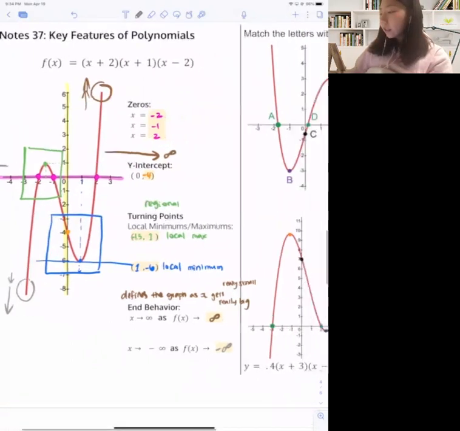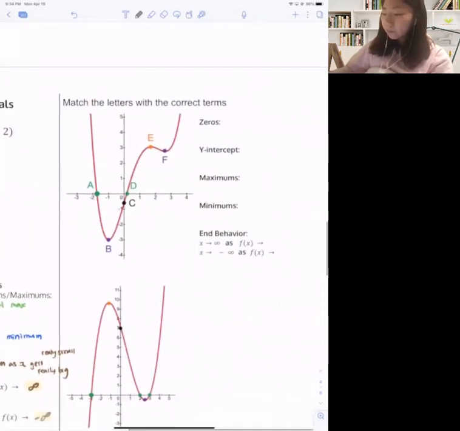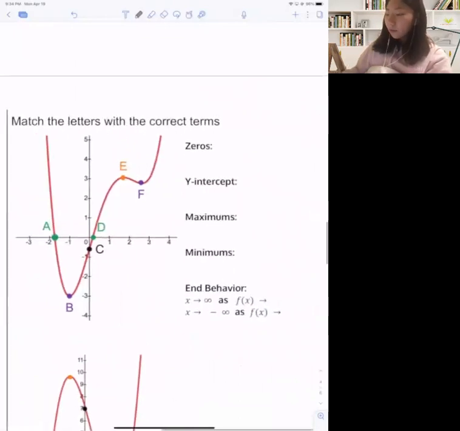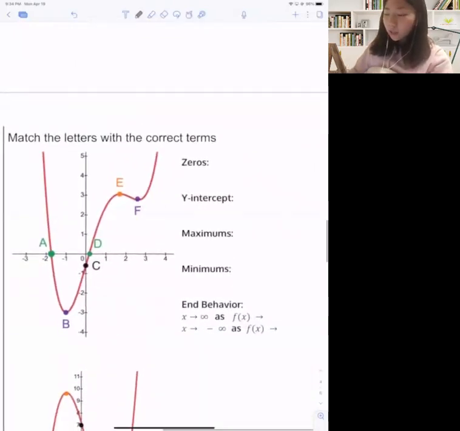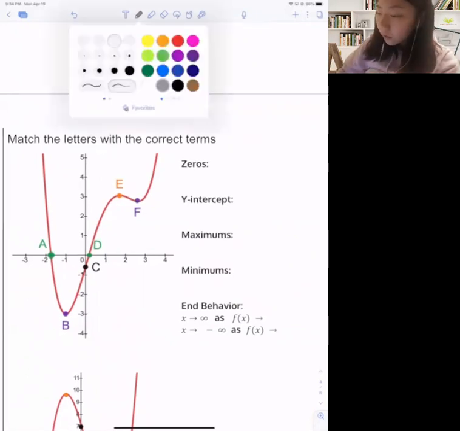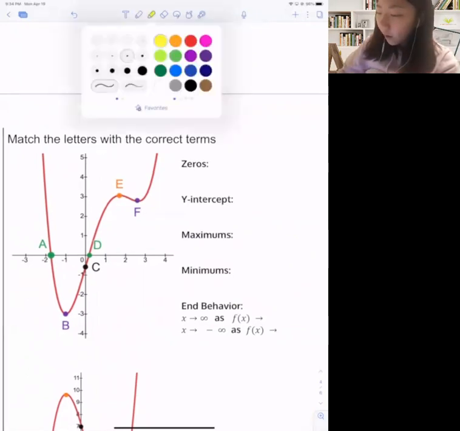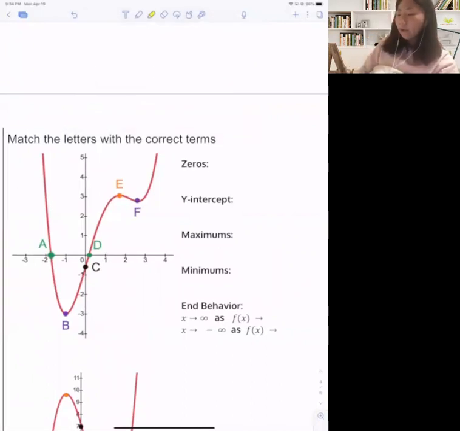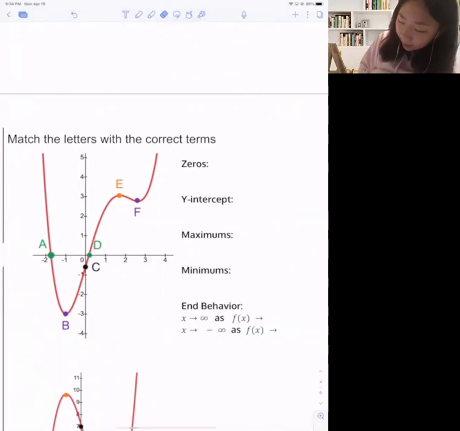Okay, let's look at our second example. The second example asks us to match the letters with the correct terms. Remember, for zeros, we need to find where our function touches the x-axis. The x-intercepts are right here.